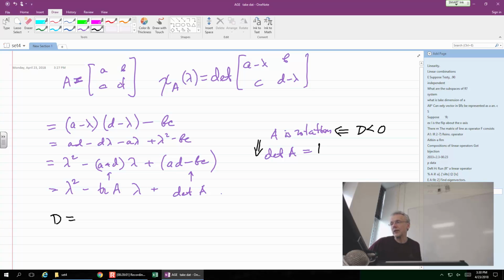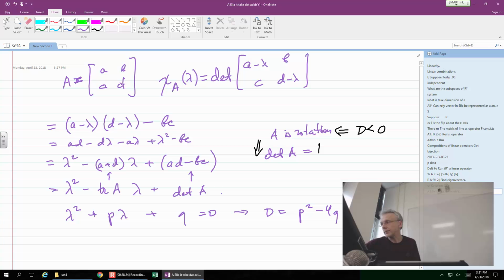So remember, let me write it out, probably in shorter terms. Lambda squared plus p lambda plus q. Okay, so that is my quadratic polynomial, and its discriminant is equal to p squared minus 4q.